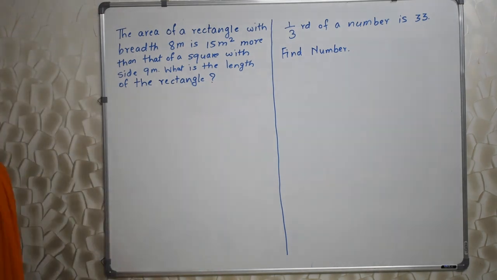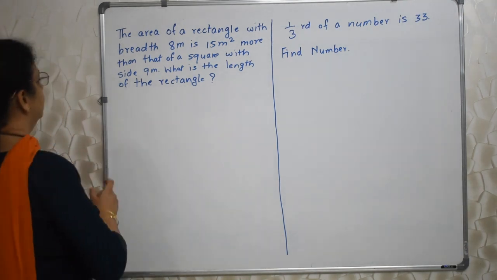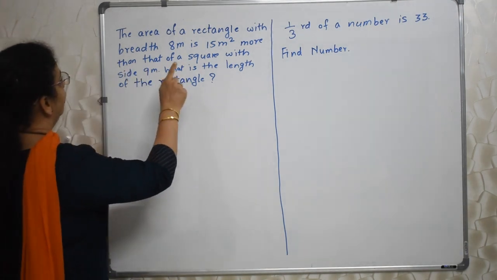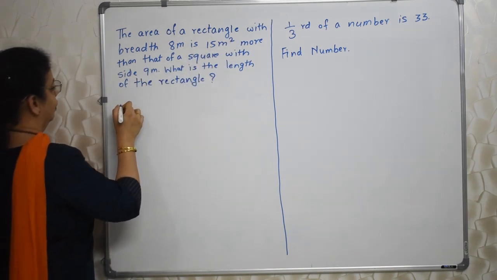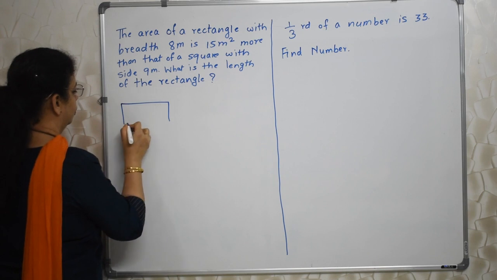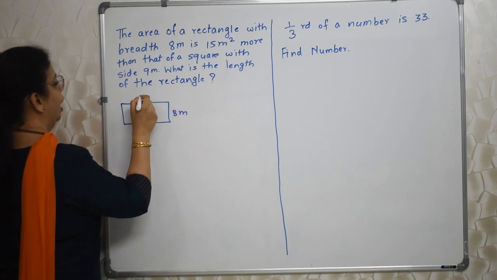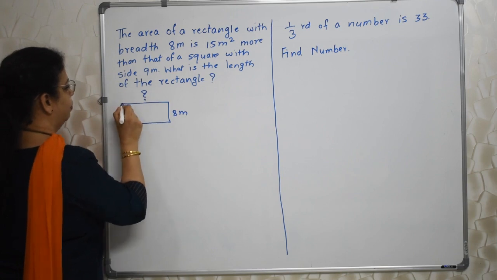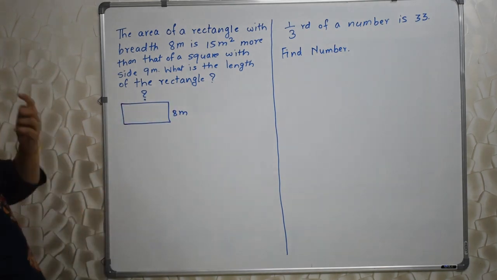Okay, as I tell you always, whatever information has been given to you, analyze that. See, here what is given? The area of a rectangle with breadth 8 meter. There is a rectangle, breadth is the smaller side, that is 8 meter. This is given and this is asked. We are supposed to find out the length of that particular rectangle.